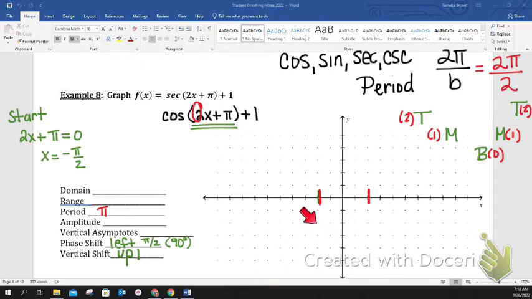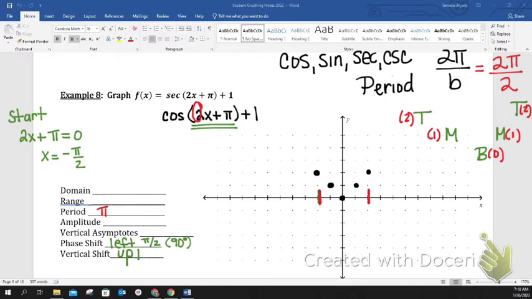In this period, I have to hit all 5 of those points. At the start, I'm going to put a point at 2. Then I rotate down to 1, hit 0, back to 1, back to 2.